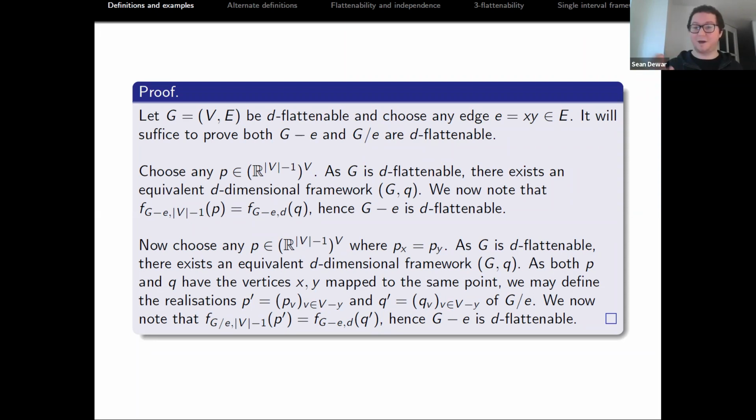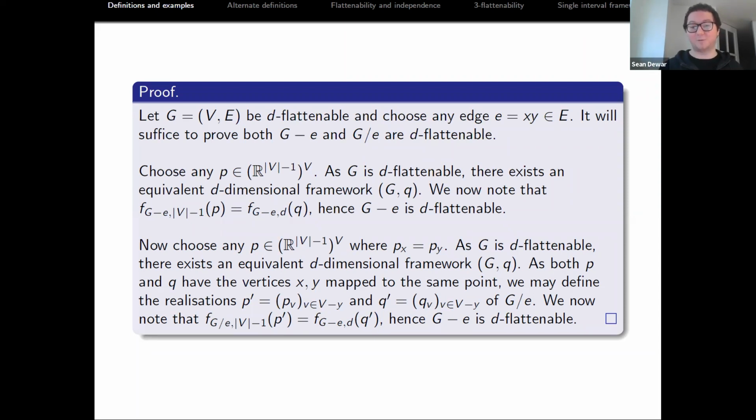Because G is deflattenable, then we have an equivalent d-dimensional framework GQ. And we notice that because the length of XY has to be 0, that means that QX and QY have to be the same thing as well. And then all we do is our new realization would be this P dash, where we're just removing the vertex Y, and Q dash is the same.